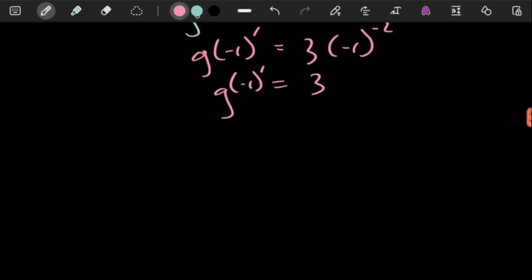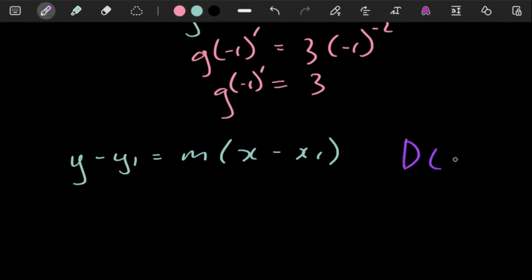So if the gradient is 3, now what we know is in the equation of a straight line, y minus y1 equals m times (x minus x1). Since our tangent passes through D, it means that D is the coordinate that we're going to put in our equation to get the equation of our straight line. Our gradient is 3, and our x value is -1.